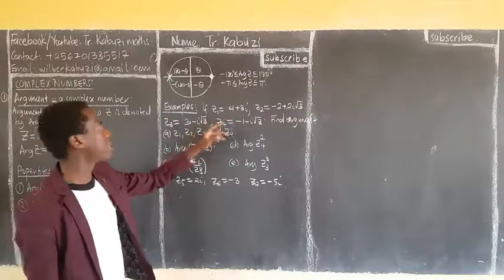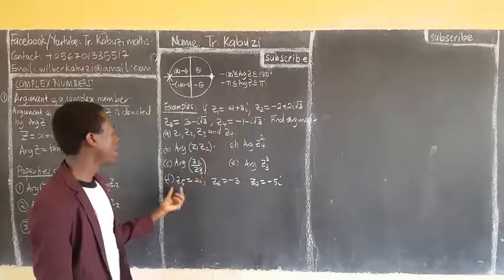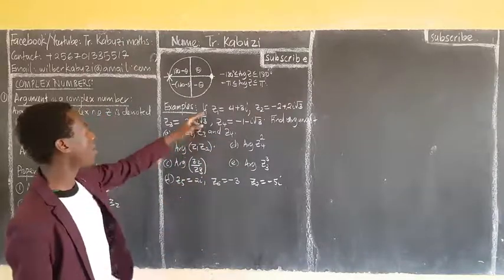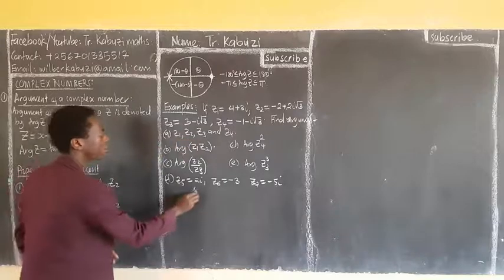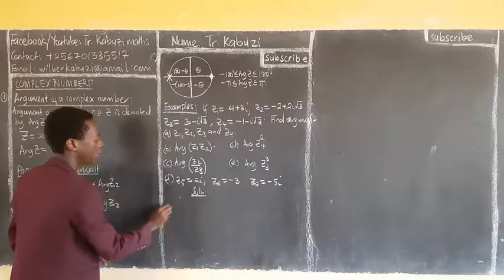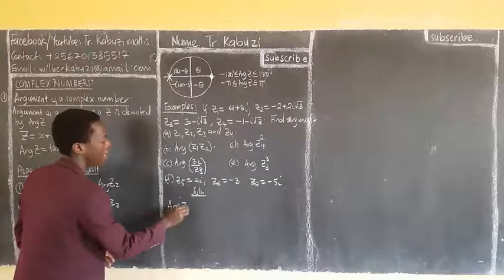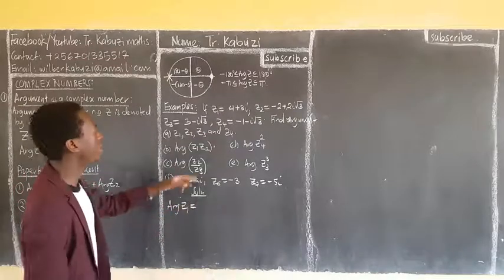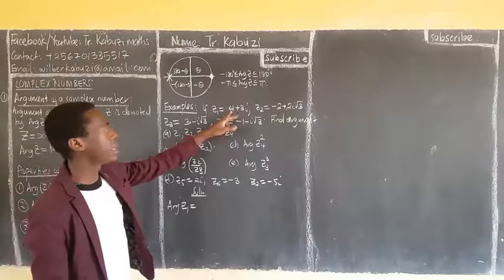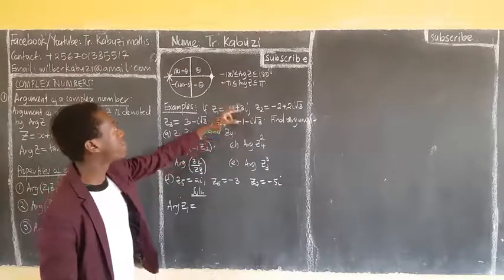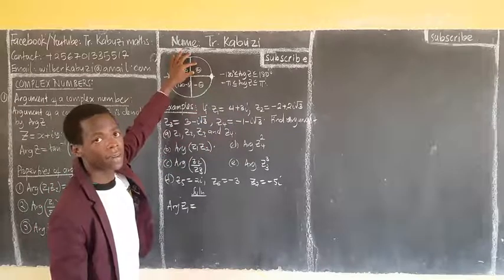Given z1, z2, z3, z4, then we have these ones, and we want to get their arguments. Starting with the argument of z1, the solution: arg of z1. First of all, z1 is here. You first check the quadrant. The real part is positive and the imaginary part is positive, meaning the argument is in the first quadrant.